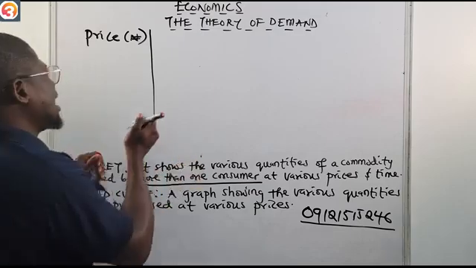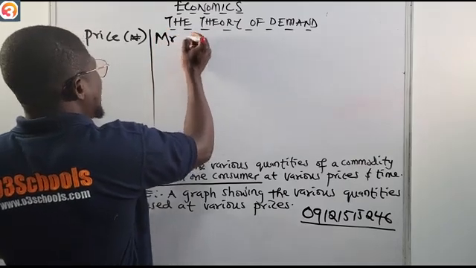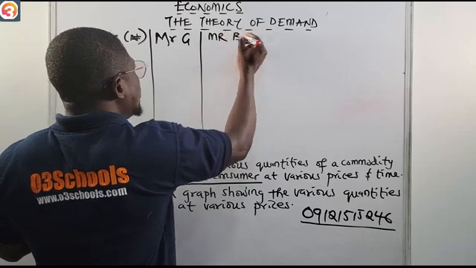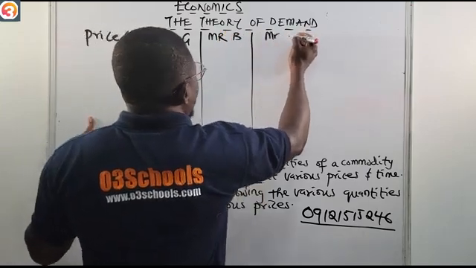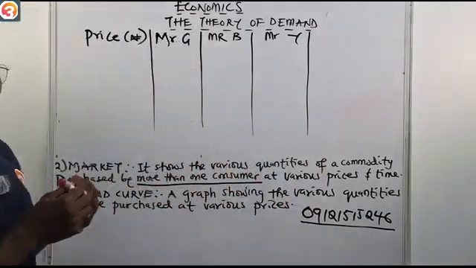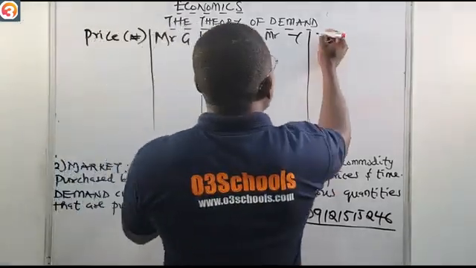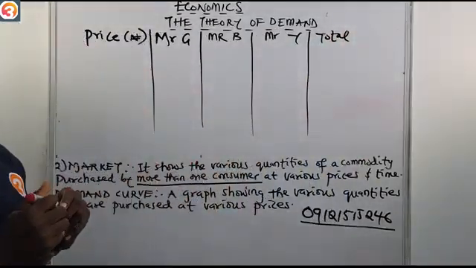Besides price, let's say we have three consumers: Mr. Green, Mr. Blue, and Mr. Yellow. Then we'll look at the total quantity demanded.